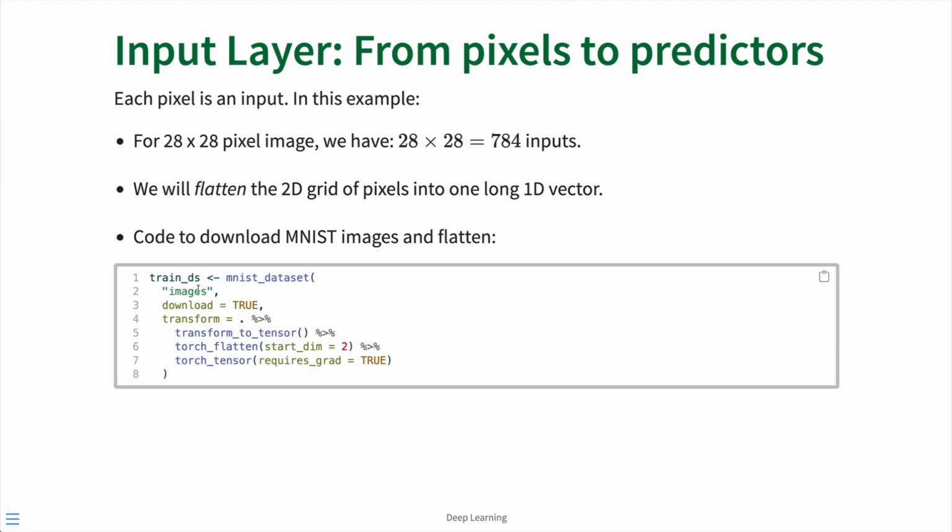We tell it what folder we want to use to hold all the files, and whether we wish to download the files, which in this case we do. And then finally, we have this transform argument, which is telling torch how to convert the images into this one-dimensional vector of numbers. And we're assigning that all to a variable called train_ds.